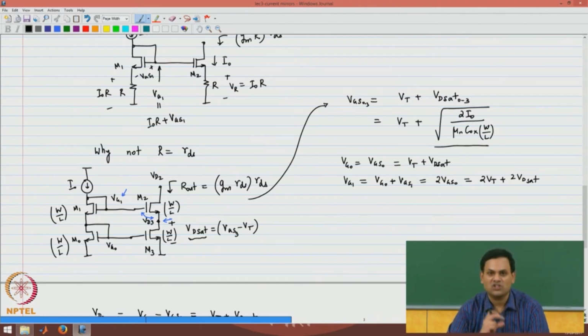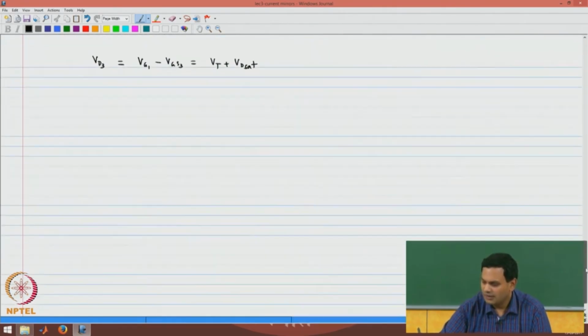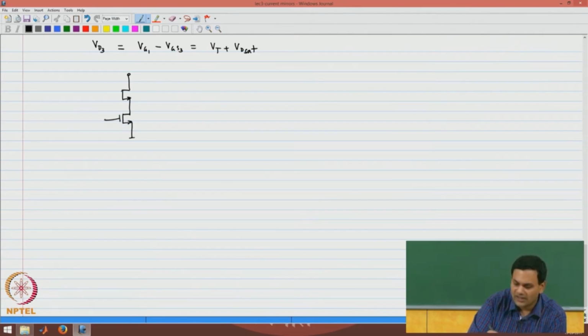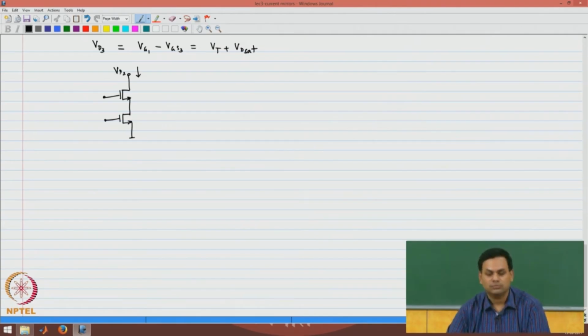So it is at one VGS above ground. Now, if I start reducing the voltage at the output, let us see what happens. I am just going to look at the output nodes. So, I am going to start reducing VD2.